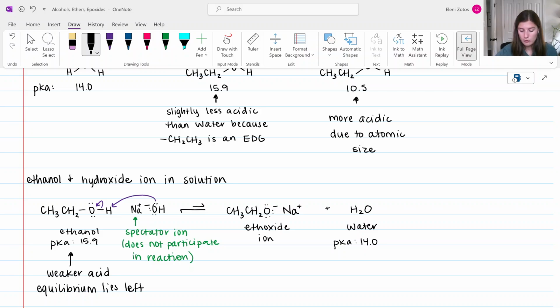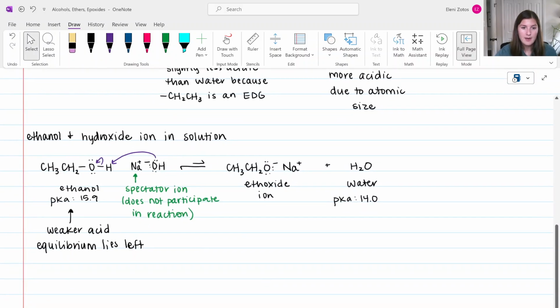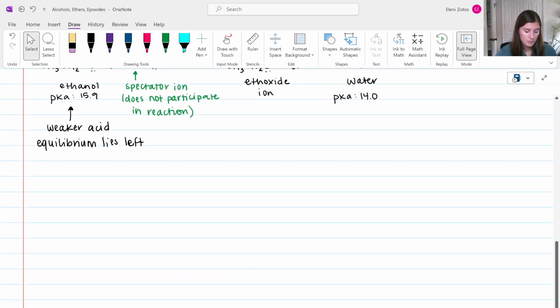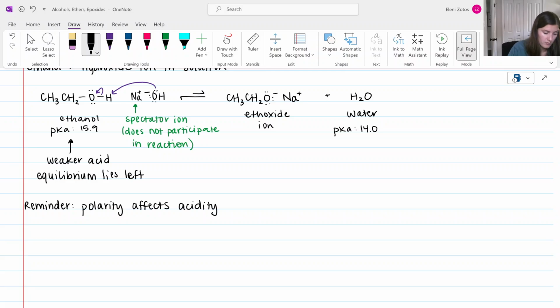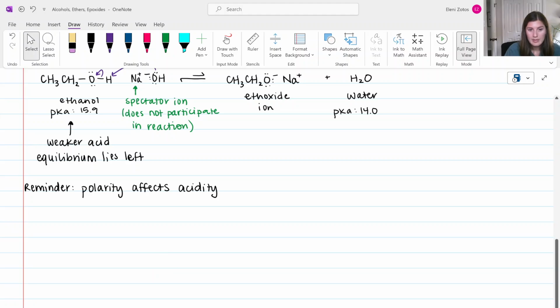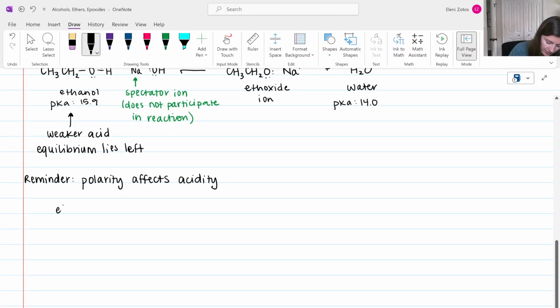One more trend I want to describe in this video is thinking about how polarity affects acidity. Here are two examples where we'll compare ethanol again to another molecule.